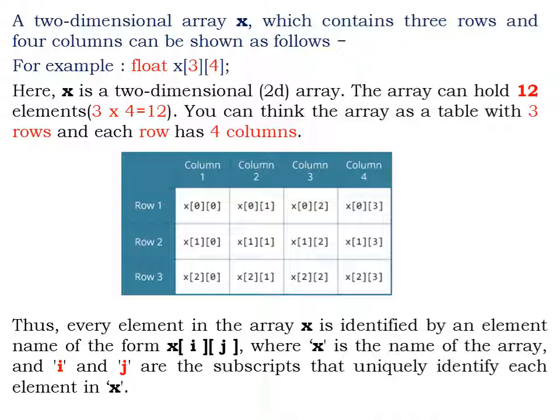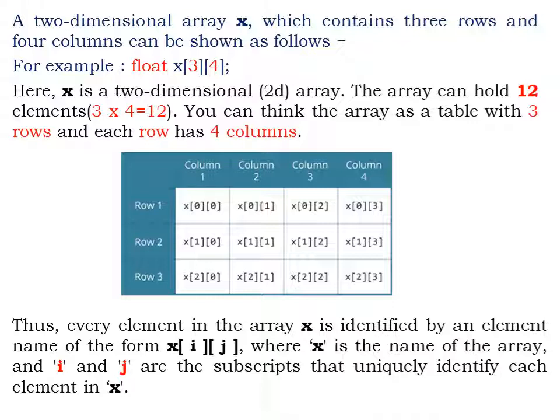In a single dimensional array, we had the index value through which we could access the individual elements inside the array. In a two-dimensional array, we have the subscripts that uniquely identify each element in x.